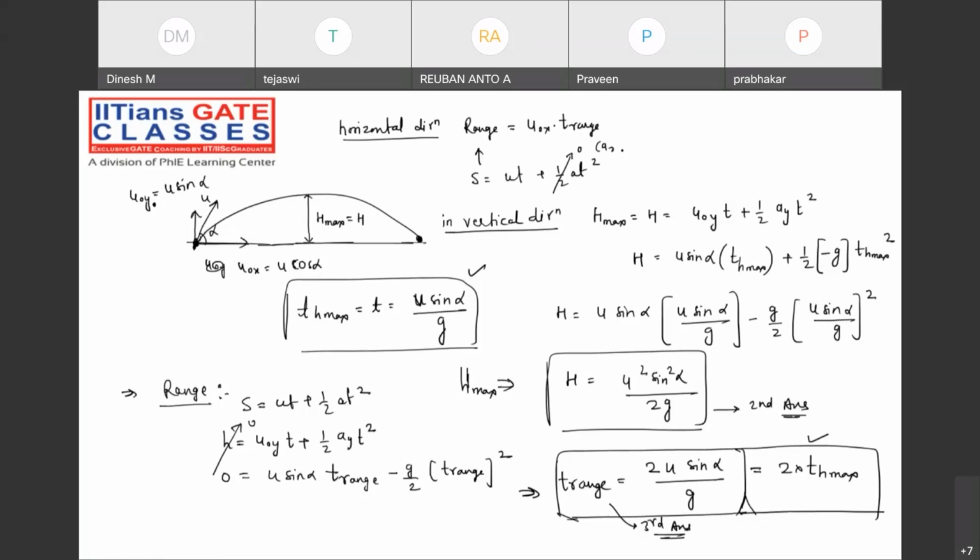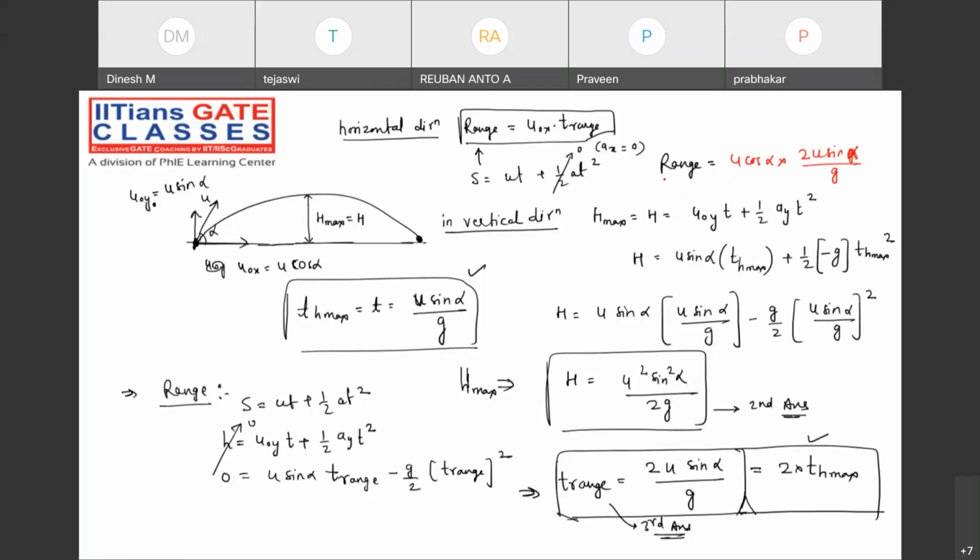Because ax will be 0. So from here, can we calculate the range? Then what will be the range formula? U into cos alpha into 2u sin alpha by g.